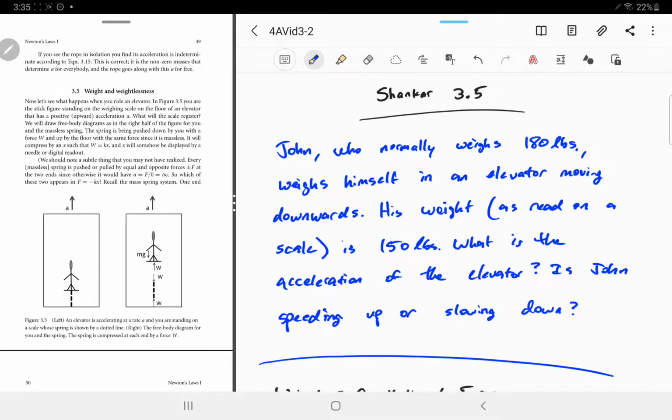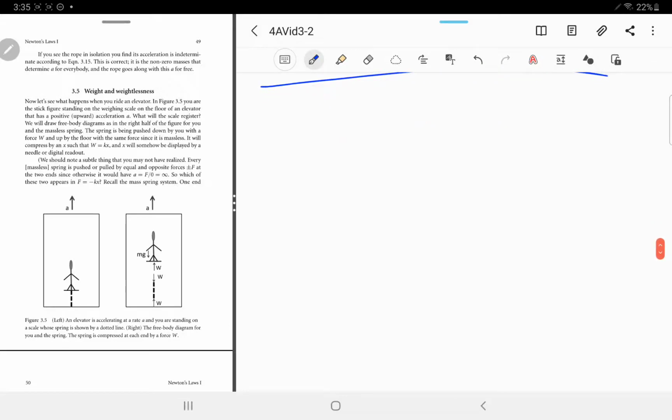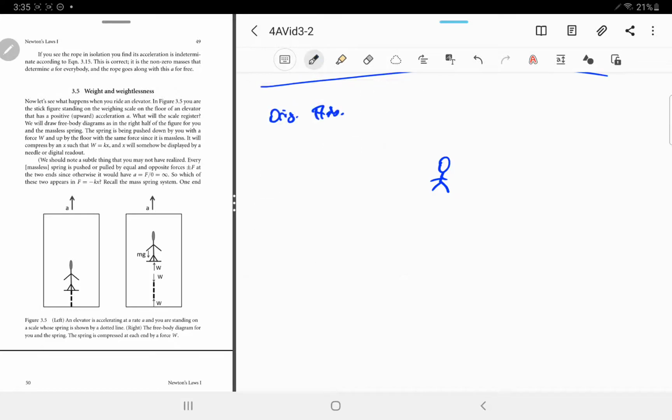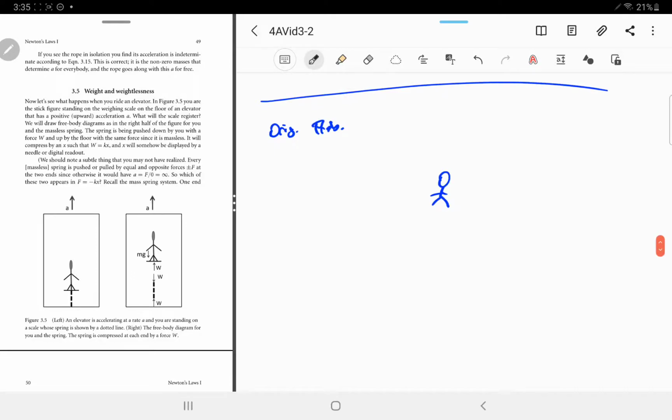So in this problem, we have a person standing in an elevator. So this will be the original problem. So remember, the free body diagram is always going to help us with these problems. Don't resist drawing these. These show that you know what's going on with the problem, and it makes the problem a whole lot easier. Right? Mg is always vertically downwards. That's probably the first force that you should be drawing on any free body diagram.